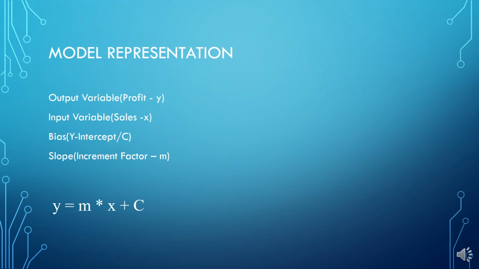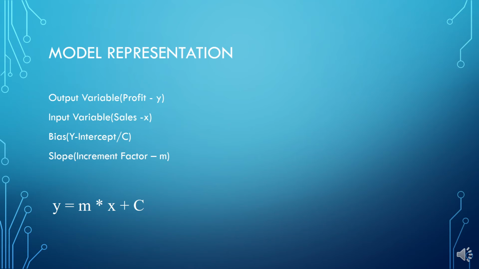If we consider profit or the output variable as y and sales as the input variable x, and the incremental factor as m, the mathematical equation then takes the form representing a straight line: y equal to m into x plus c, where m is the incremental factor or the slope of a given straight line and c is the intercept or y-intercept.